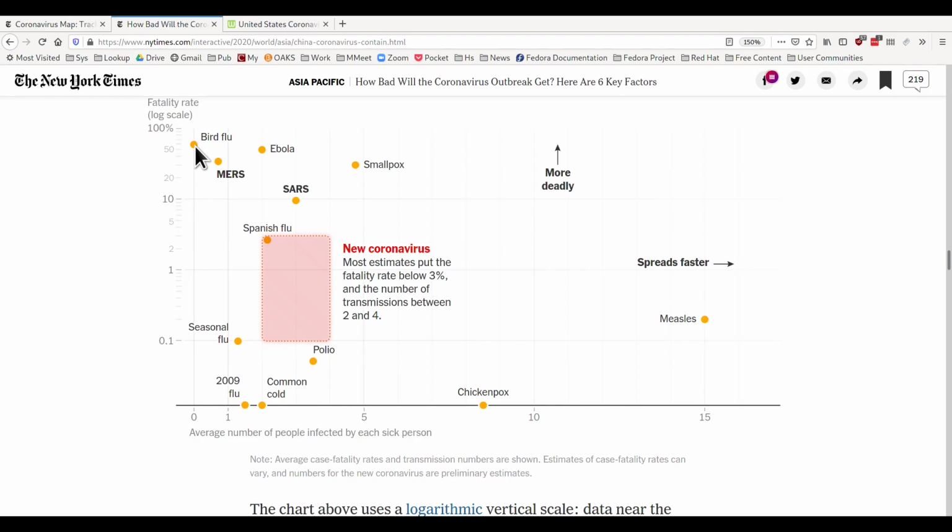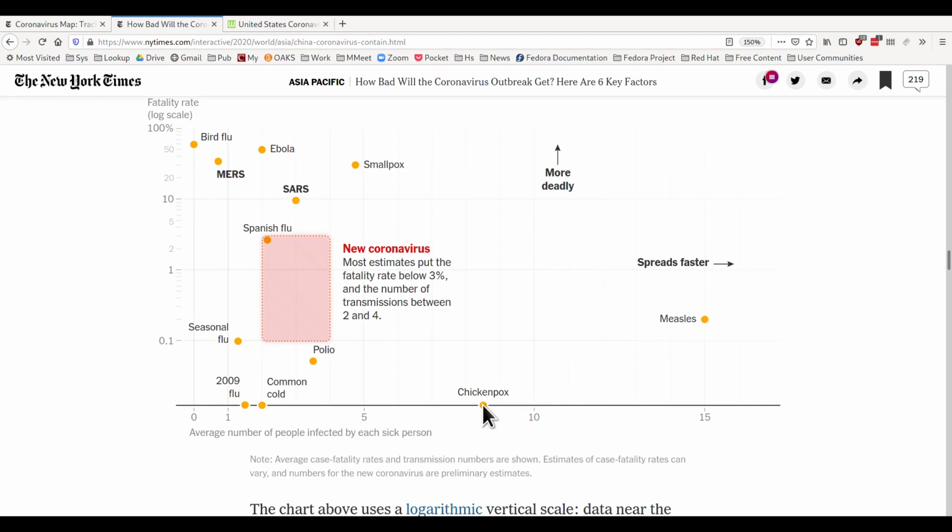It looks like the bird flu can be transmitted from birds to humans, but not from humans to humans, which is why the bird flu is here with an R0 of exactly 0. On the other extreme, we have something like measles that is extremely contagious, but very few people die, and most of the fatalities from measles are very young children, babies.